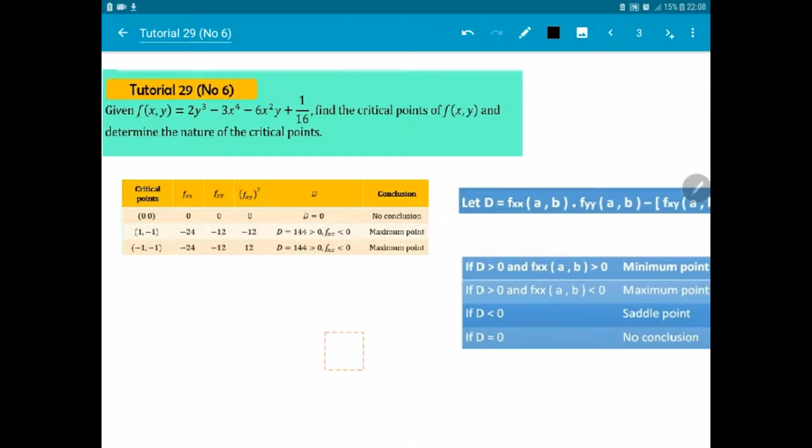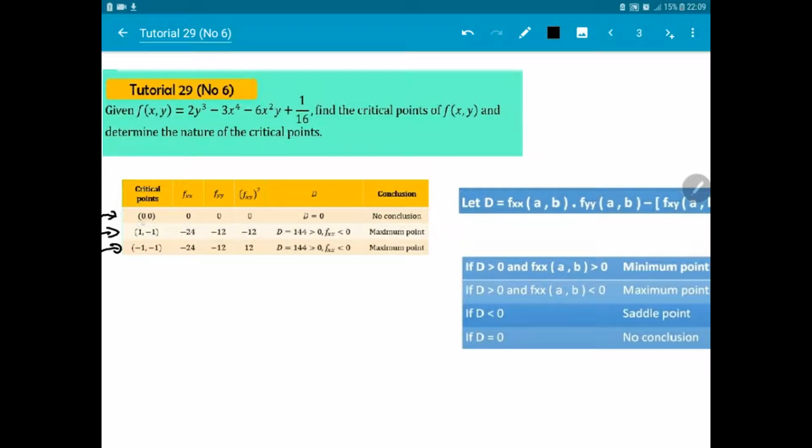After we make the table like this, we need to find the values for our fxx, our fyy, and our fxy squared. We just need to substitute the x and y values based on our point.